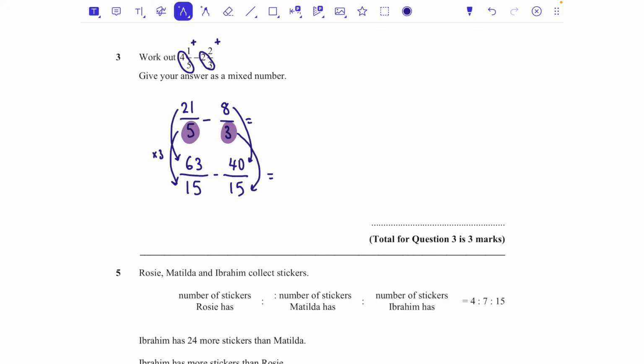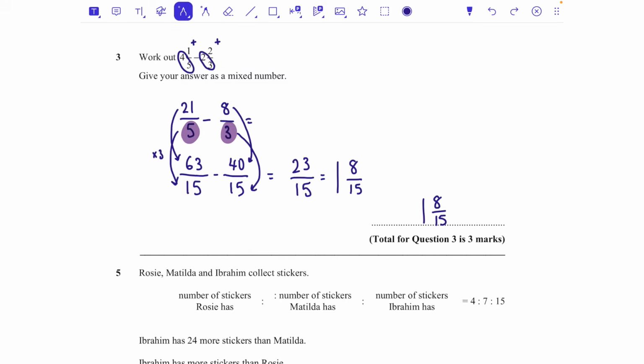You can then go ahead and subtract. So 63 take away 40 is 23 over 15, which is 1 whole, because 15 goes into 23 1 whole time, with 8 left over out of 15. So there's your answer, 1 and 8/15. Always check if this fraction can be cancelled down, but in this case it can't, so that is your final answer.